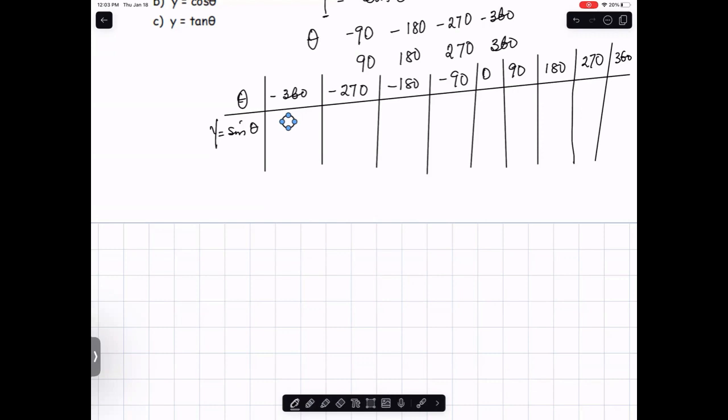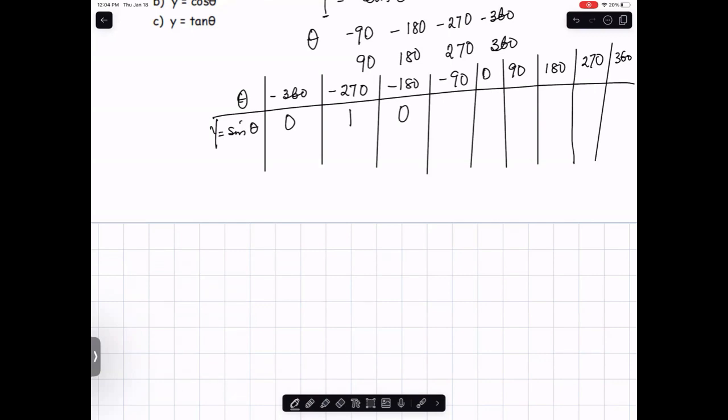Next, I have sine negative 270. Sine negative 270 is equal to 1. And sine negative 180 is also 0.